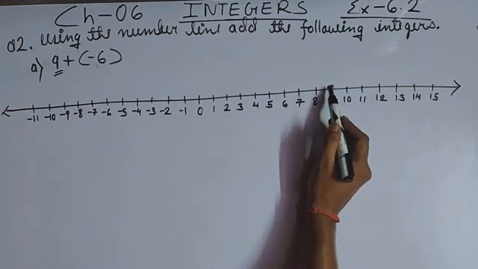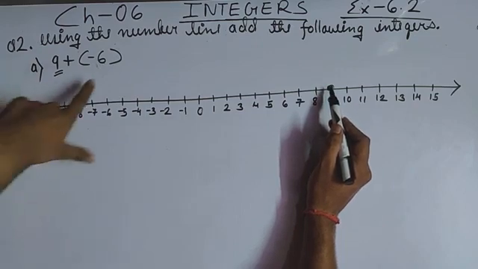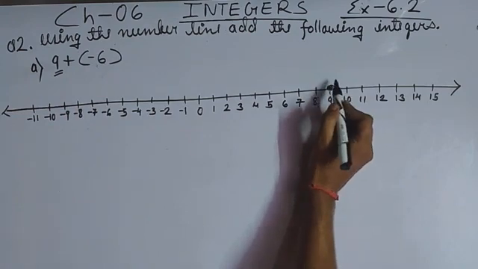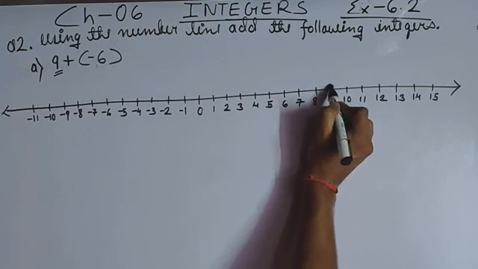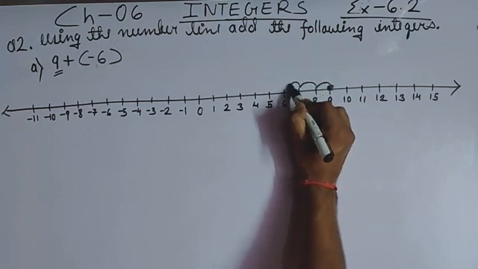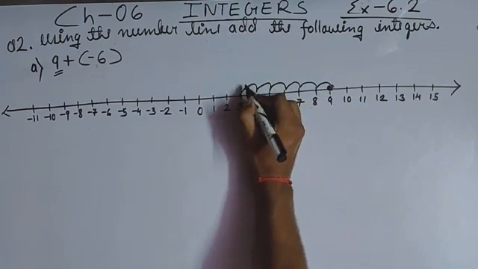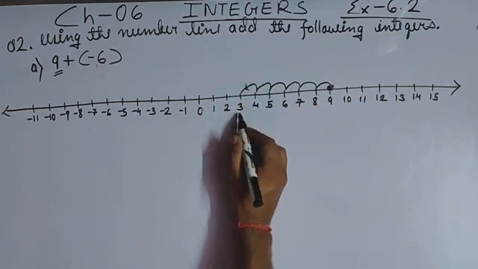Now what we have to do is add the negative integer, minus 6, to it. Whenever we are adding a negative integer, we move towards the left hand side, and we move that many places as the negative integer is given. कितना दिया हुआ? Minus 6 is given. So we are moving 6 places towards the left. This was our starting point. So 1, 2, 3, 4, 5 and 6. On moving left 6 places we reach 3.